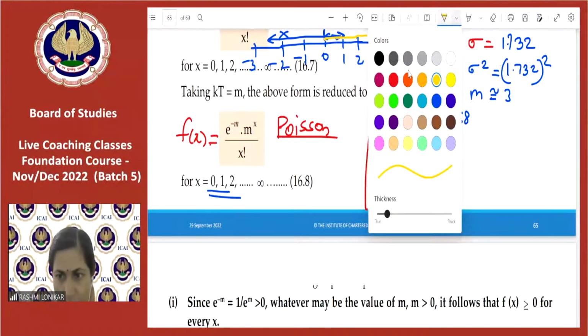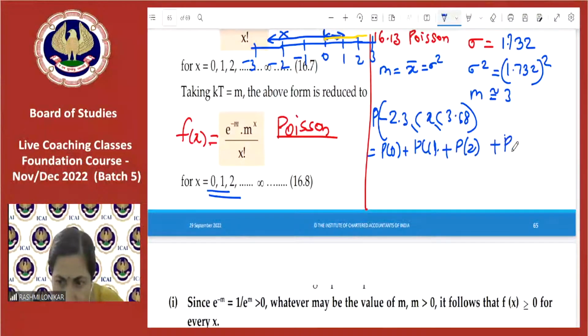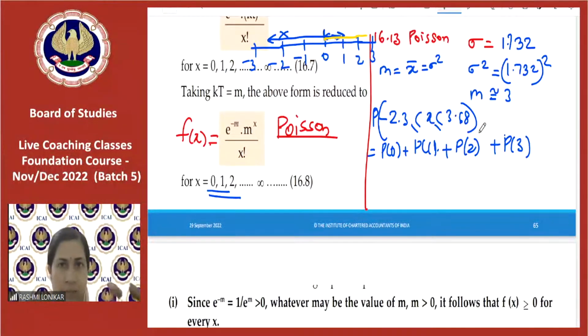So for this variate, what I want to find is P of 0 plus P of 1 plus P of 2 plus P of 3. Why do I stop at 3? Because the limit is 3.68. I can't take 4 because my variate is ending, and I need discrete values.